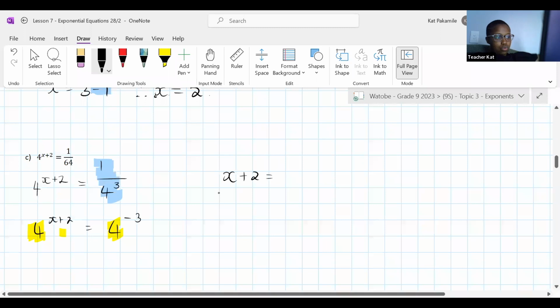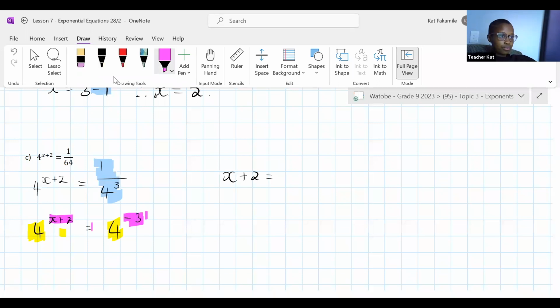The exponent on the right. So the exponent on the left, which was x plus 2, is equal to the exponent on the right, which is negative 3.